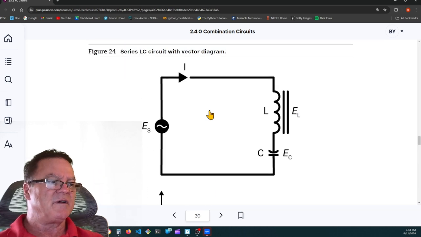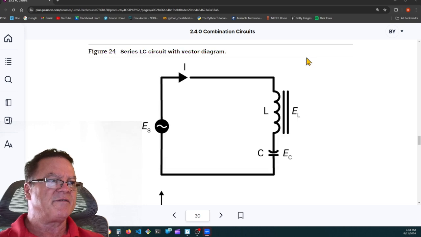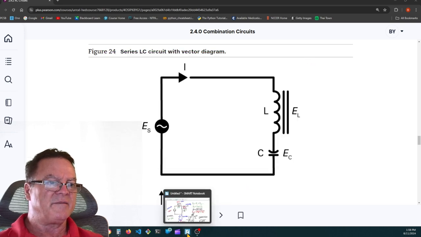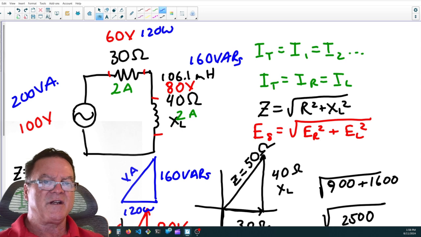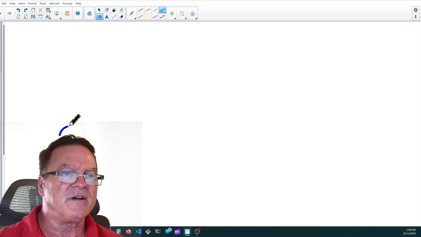All right, I'm going to show you a series RLC circuit. Not LC, but RLC. Let's take a look at an RLC circuit, and I have to make the numbers jive here.